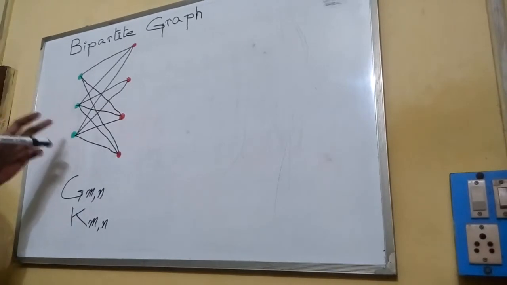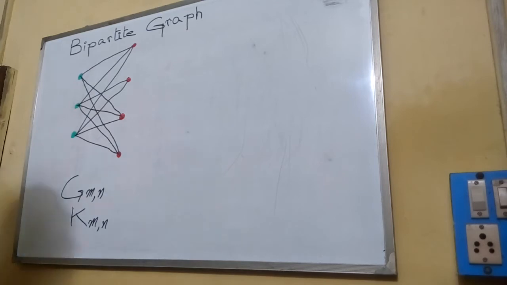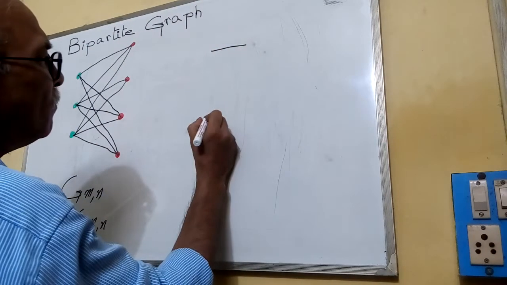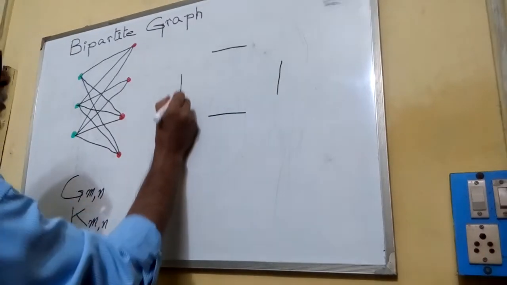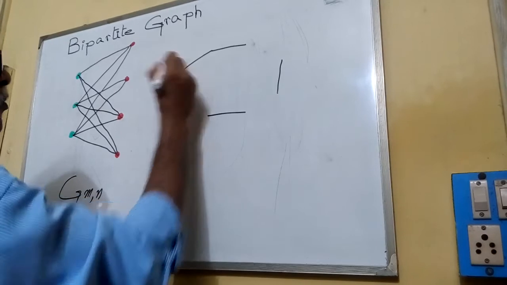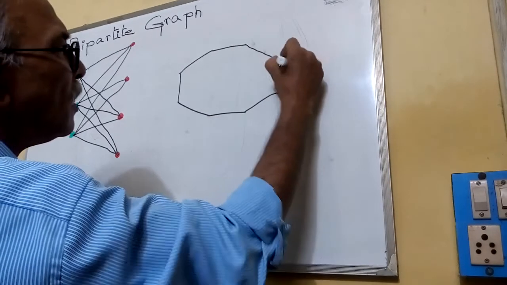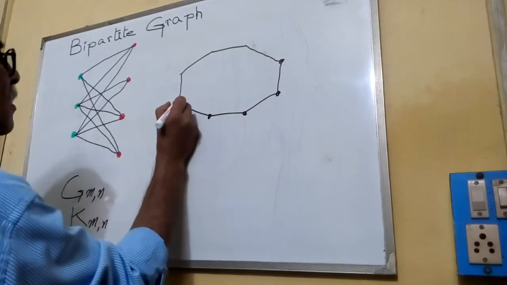But in this graph, it is easy to see that there is no edge on this side. Graphs are not always that simple. Suppose we take another graph. Let us try to draw a graph. Let us assume this is a graph.